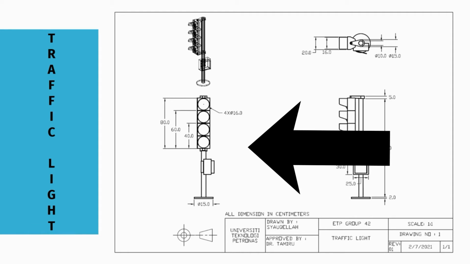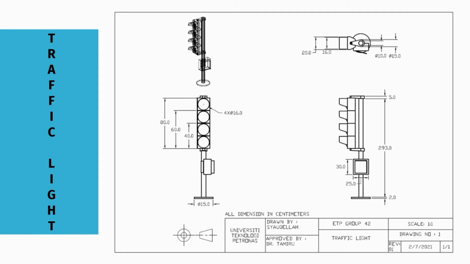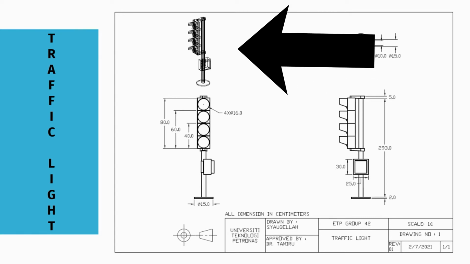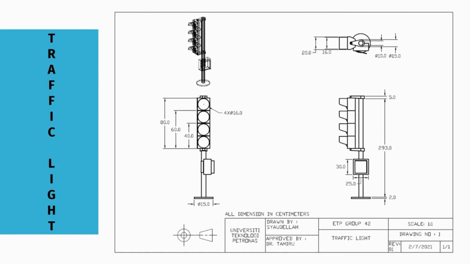The dimensions for this drawing are in centimeters, and the 3D view of this traffic light is shown on the top left here. So that's the engineering drawing of our concept design.